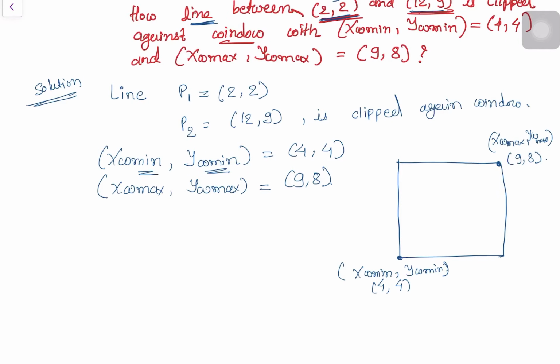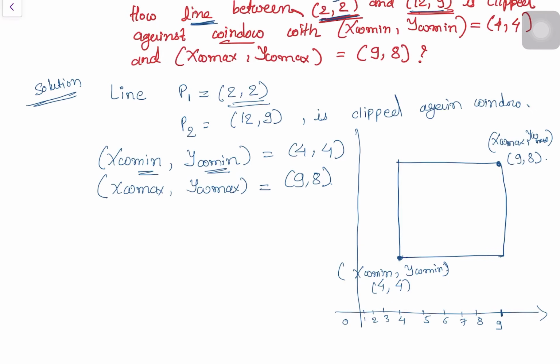Now point P1 is 2 by 2. So this point is 4 by 4. So for the line, let's take an approximate chart, that is 0, 1, 2, 3, and this may be 4, 5, 6, 7, 8, and this point will be 9, right?